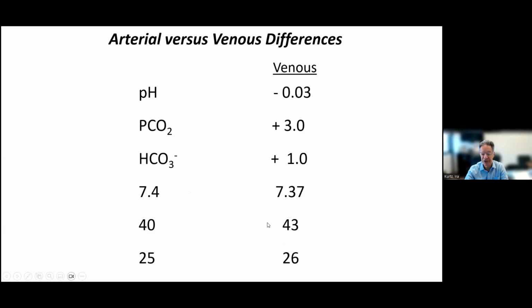Now, the reason the venous numbers are different is because of the fact that the cells are making carbon dioxide. So when you're taking blood from the venous side, you're actually looking at what happened when the mitochondria have made carbon dioxide in the Krebs cycle and added it to arterial blood.